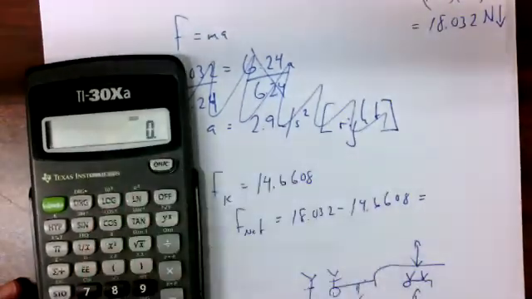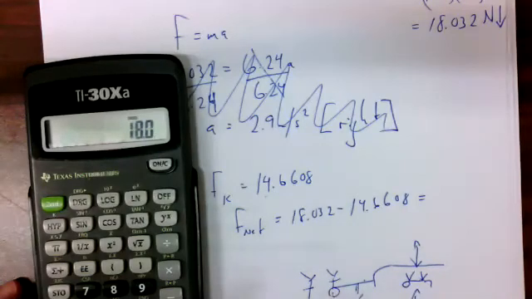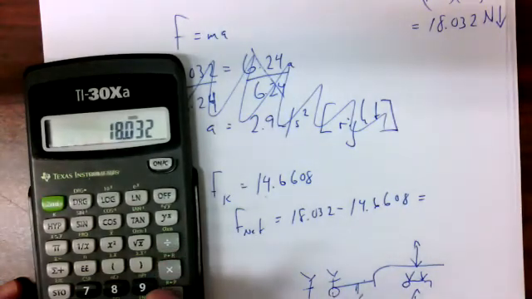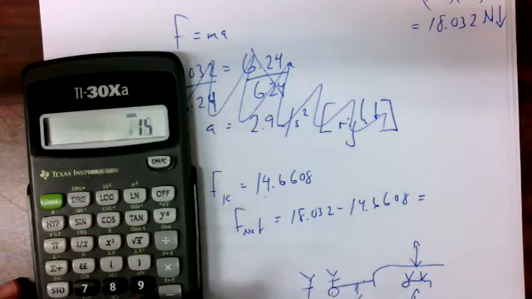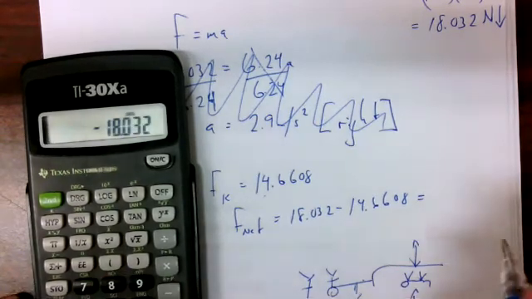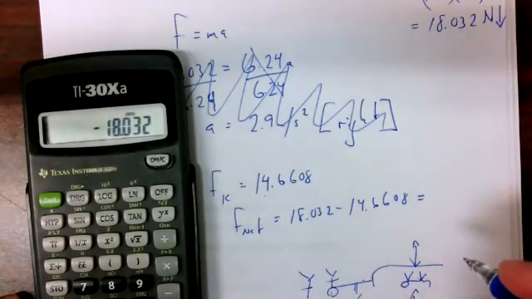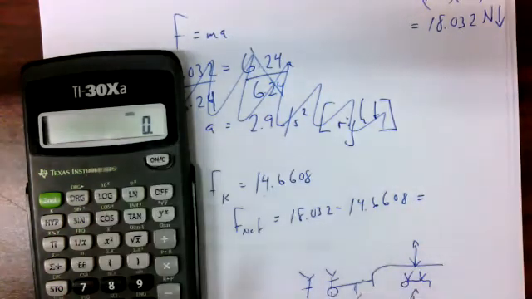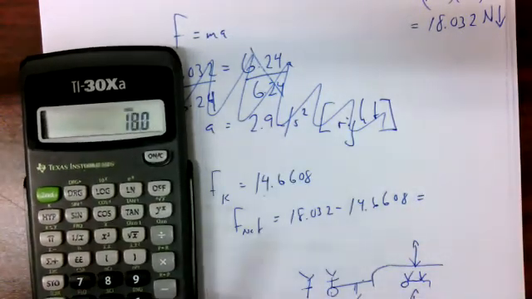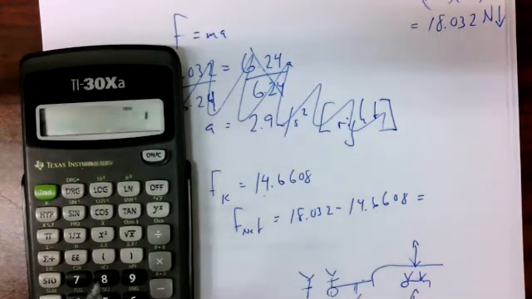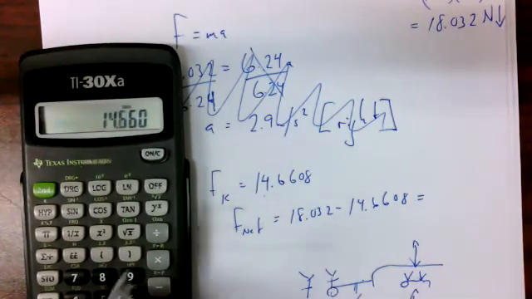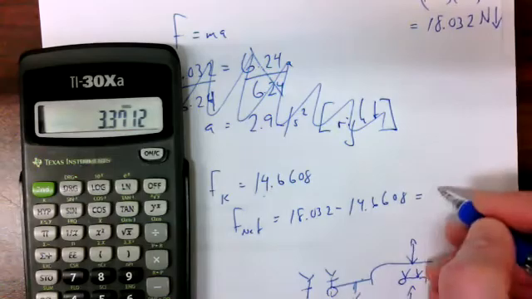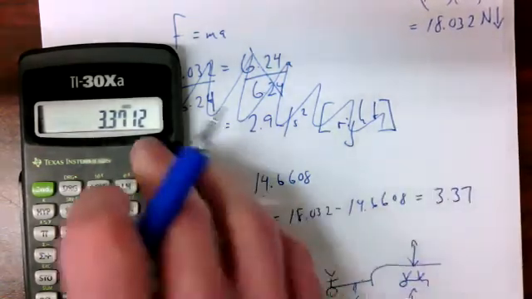18.032 minus 14.6608. Oh, do I not know how to work a calculator? 18.032 minus 14.6608. Better. 3.37.